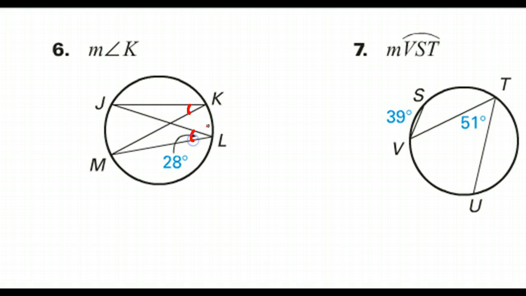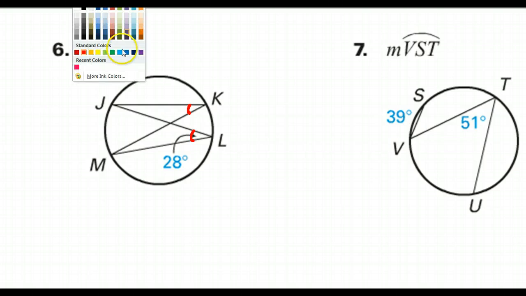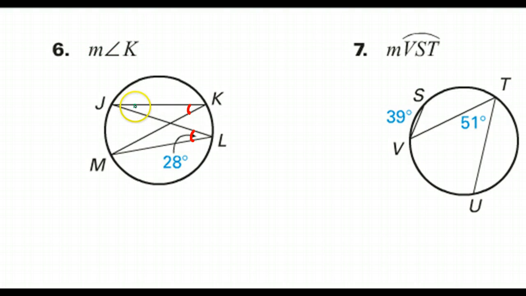So, for example, angle K and angle L are going to be congruent, and angle J, I'll double mark it to show the difference, and angle M are going to be congruent.